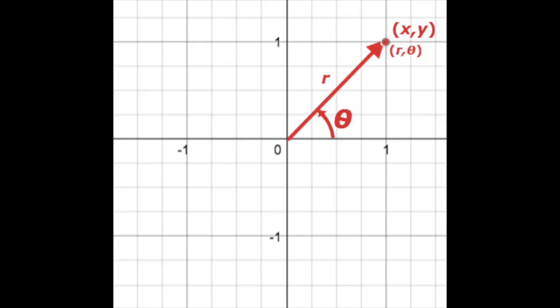One of the things you need to be able to do is to convert polar into rectangular Cartesian coordinates and back again, both as individual points and as equations.